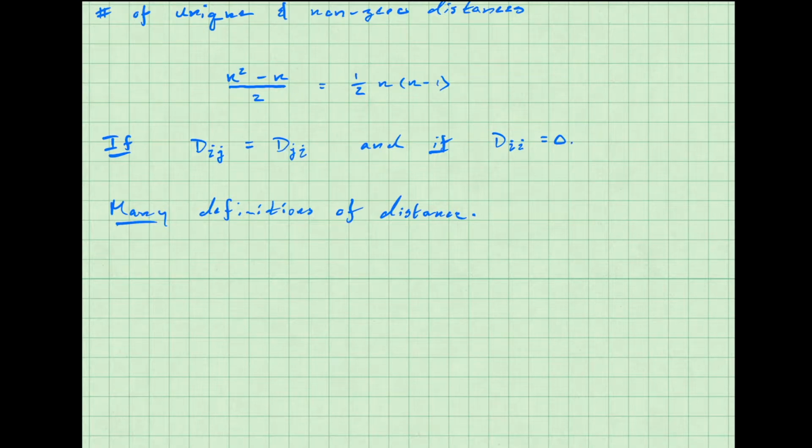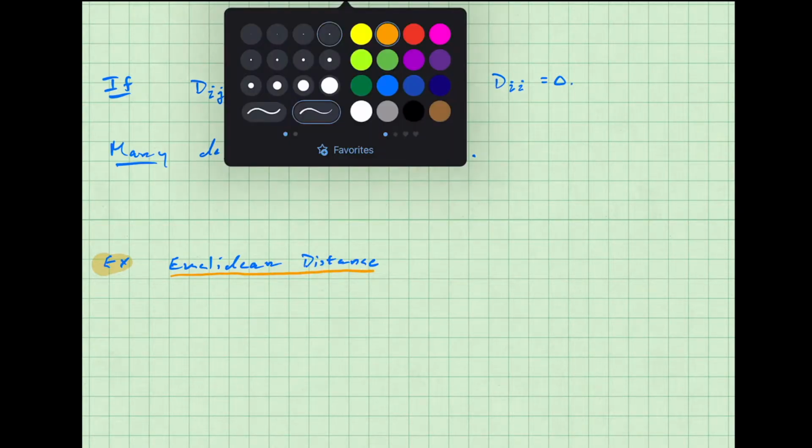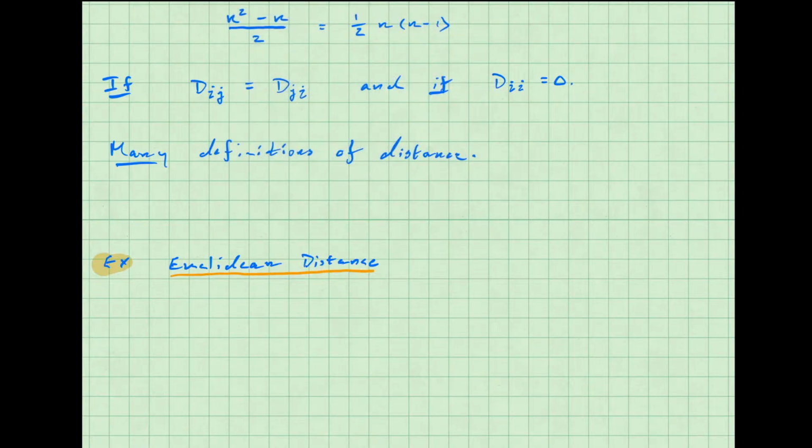But let's just introduce two super common definitions. So these are two different examples. So example number one, let's highlight that as an example. This is going to be called Euclidean Distance. And this one is probably the most intuitive and familiar to you. And I'm going to underline it in orange because it's going to appear in orange on the drawing. It also goes by the name of the L2 norm.